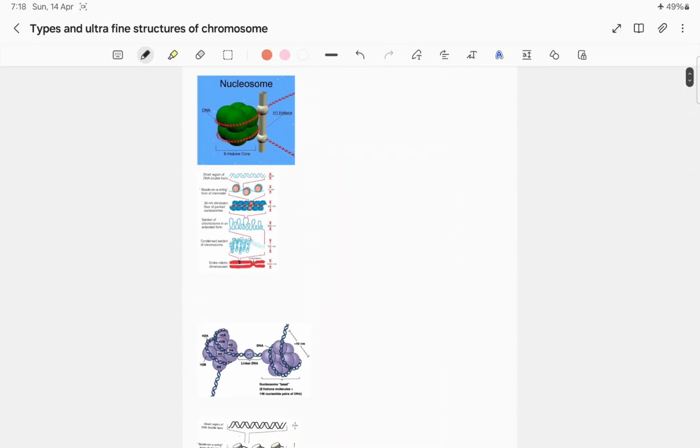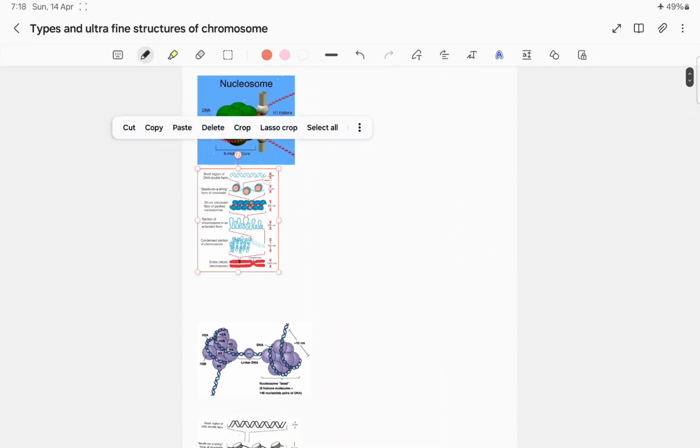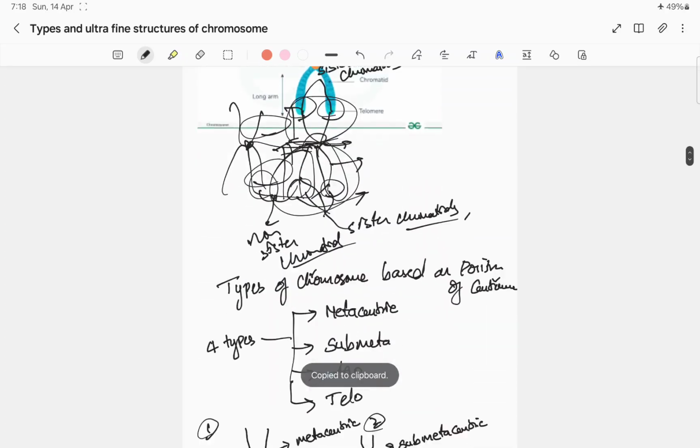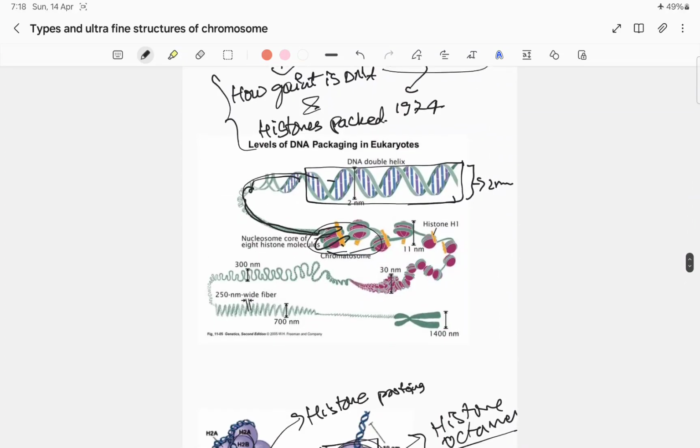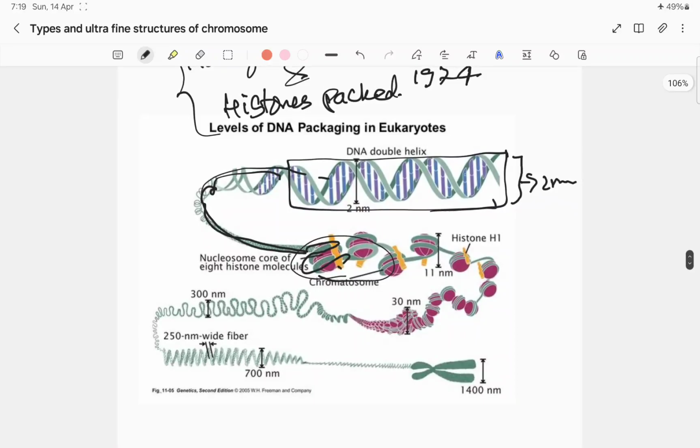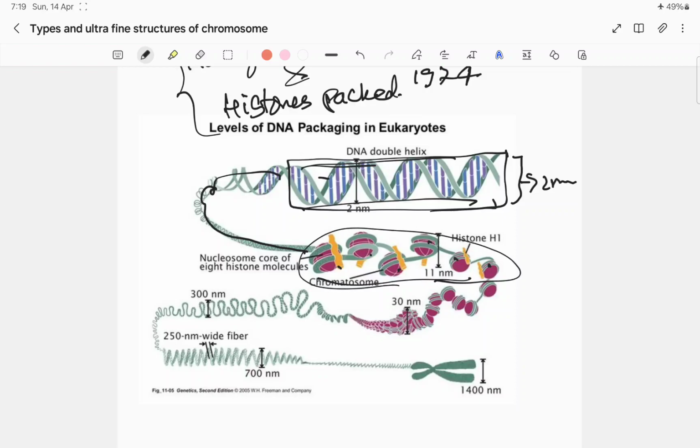Now let's go into the next diagram. Here let's understand this. Like this the double helical structure of DNA will be condensed and form this nucleosome, which we have studied. Like this 6 nucleosome units, 1 2 3 4 5 6, will again be condensed and form this one. This is called the solenoid structure.